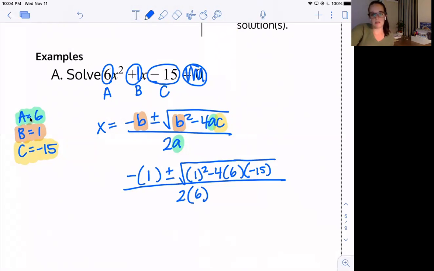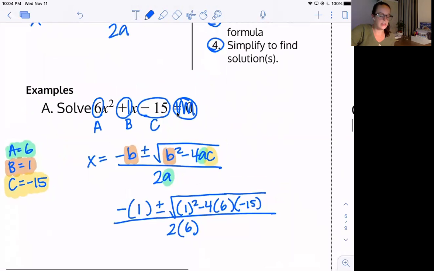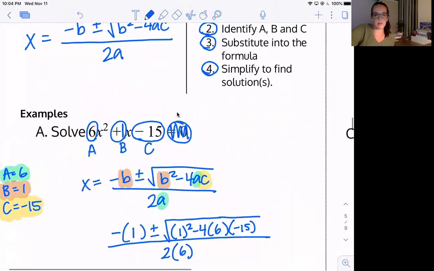All right, so I have them all substituted in there. And so that was my step 3, substitute into the formula. And now step 4 is to simplify to find the solution.